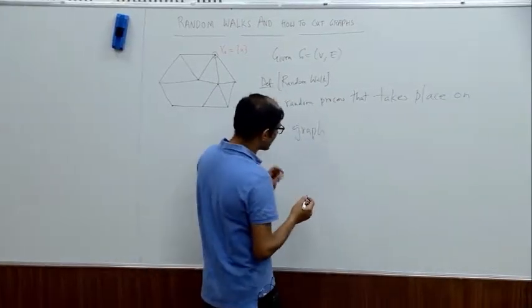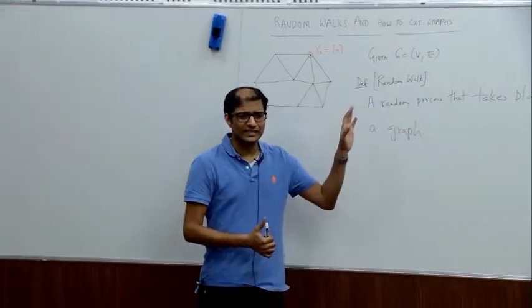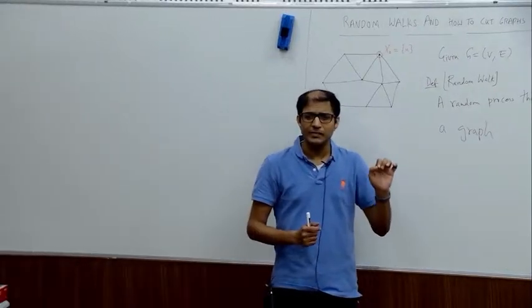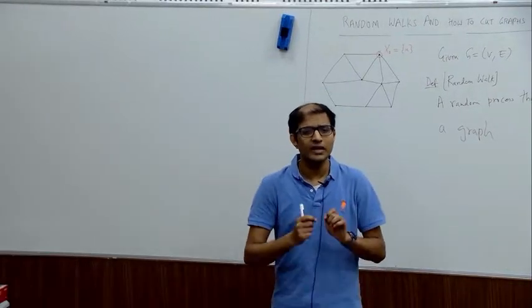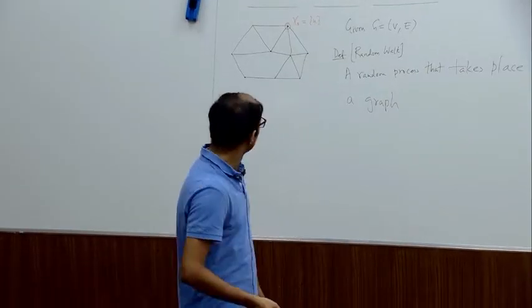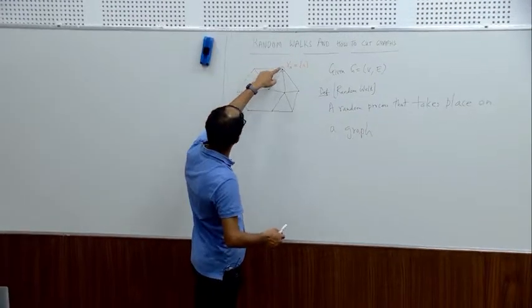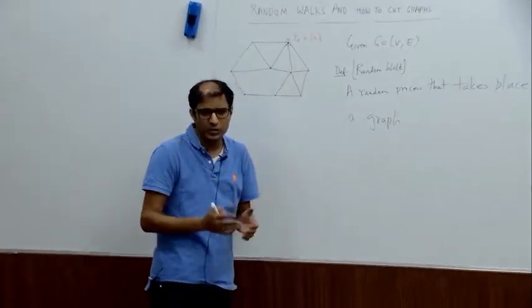So it's a process that takes place on a graph. And what is this process? You start off with some vertex x0, and at the next step you choose a uniformly random neighbor of the vertex chosen at the preceding step. This is the vertex x0. At the next step, I have 4 options to choose from, and I will choose one of those with probability 1/4 each.